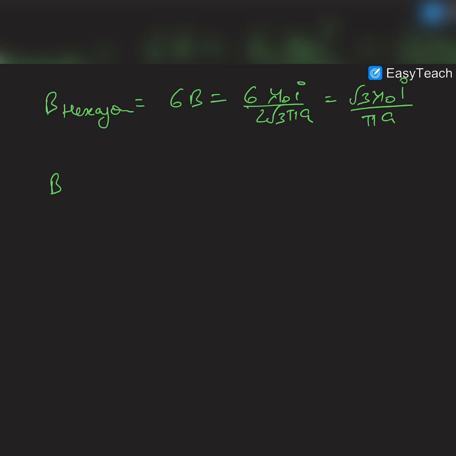So now the net magnetic field will be twice the magnetic field of the triangle minus the magnetic field of the hexagon. So B net will be equal to twice B triangle.